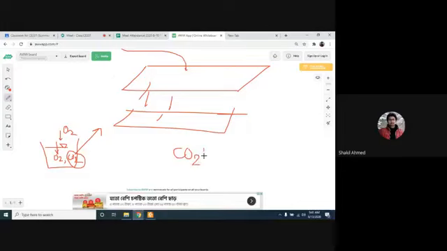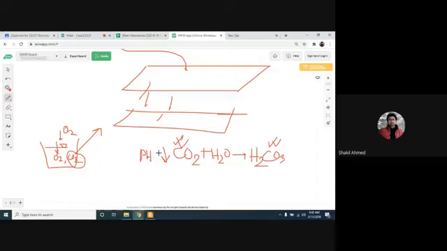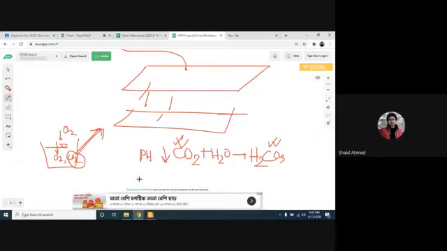If carbon dioxide is present in water, what does it give you? H2CO3. That means acid. So carbon dioxide means carbonic acid, which means pH is less, right? Acid means pH less, right? Yes, sir. Now if you drive out carbon dioxide, then your pH will be higher, because acid will be reduced.